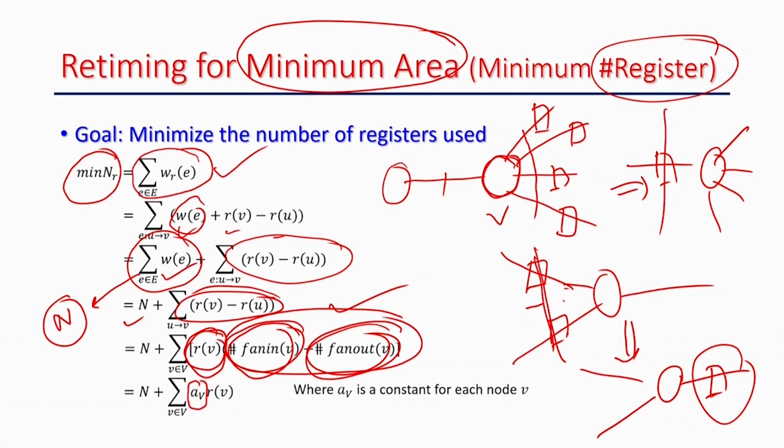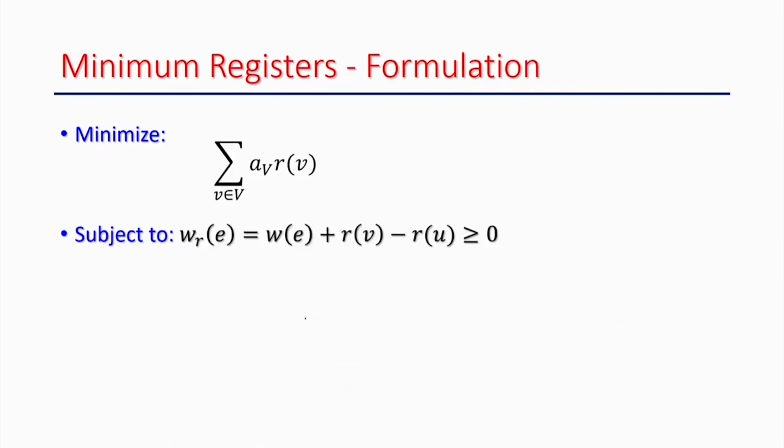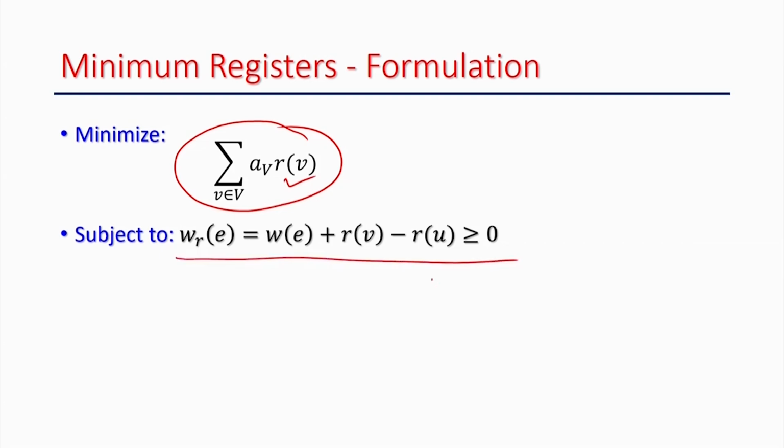So the objective is here, n is fixed, AB is also fixed. I try to find the value of RV such that this summation is minimum. The objective is to minimize this summation over each node's RV value, subject to the feasibility constraint, so the number of edge weights should not be less than this.